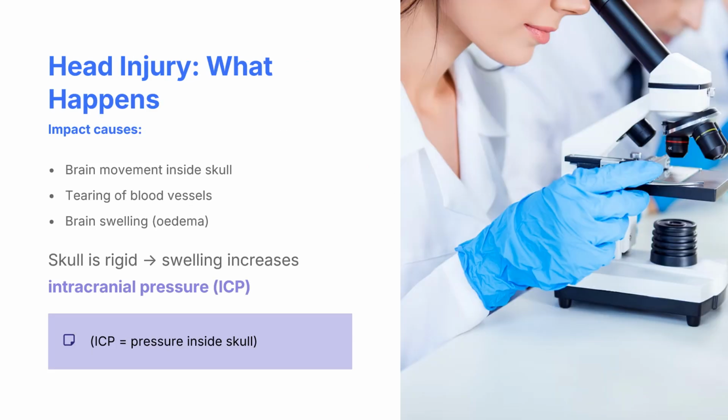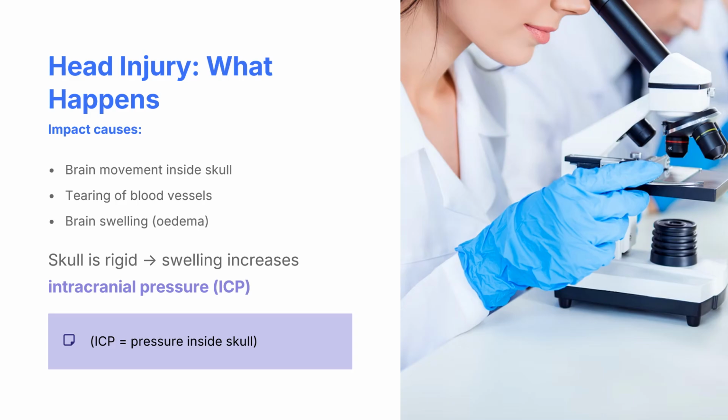In head injury, the impact causes brain movement inside the skull, tearing the blood vessels. I had given you in the class the example of the road traffic accident, where there is a forward and backward movement of the brain. So tearing of blood vessels will happen, and brain edema will happen.